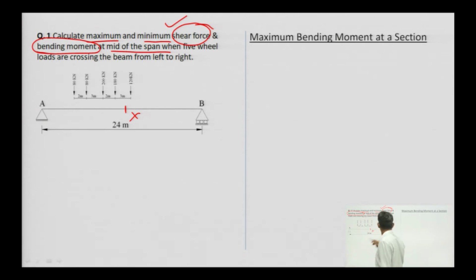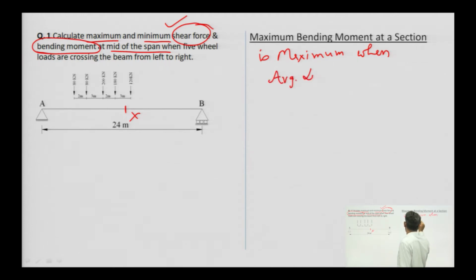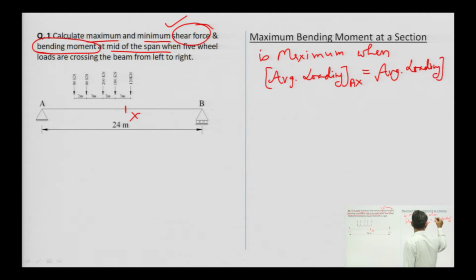Bending moment at a section is maximum when the average loading in segment AX is equal to the average loading in BX.